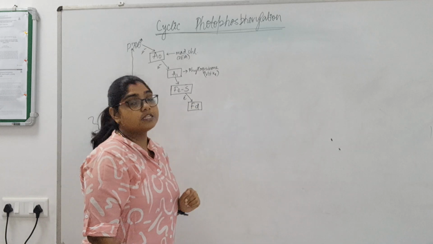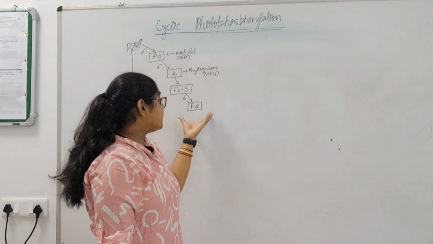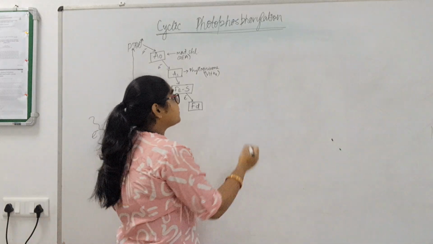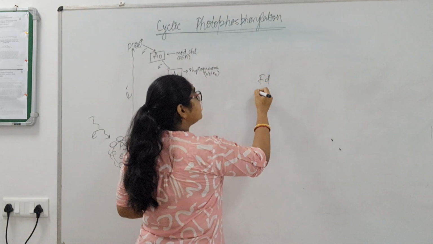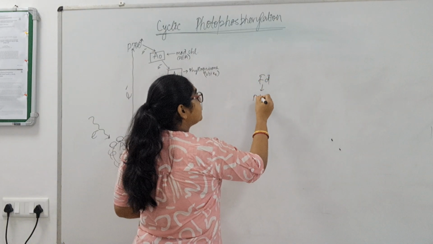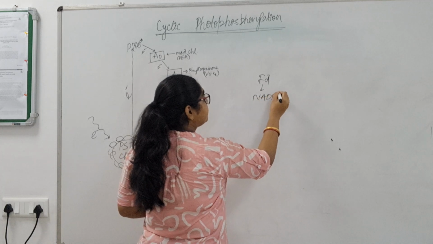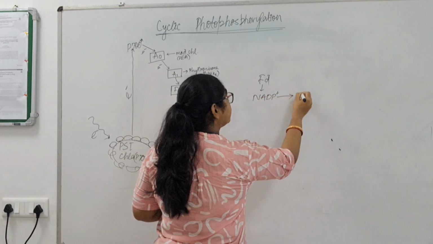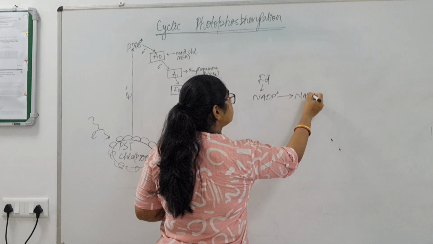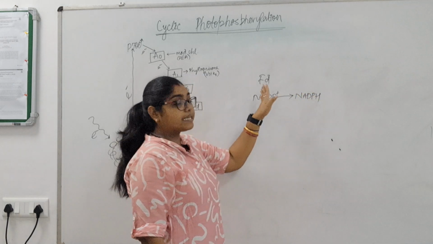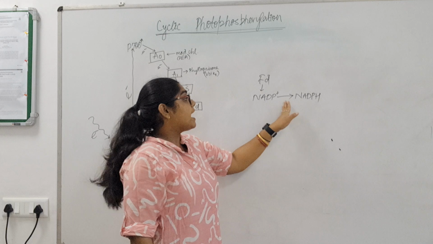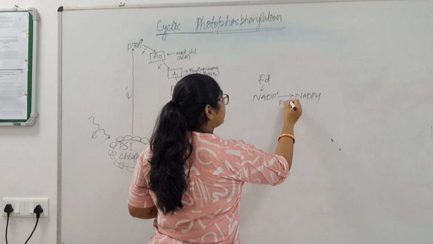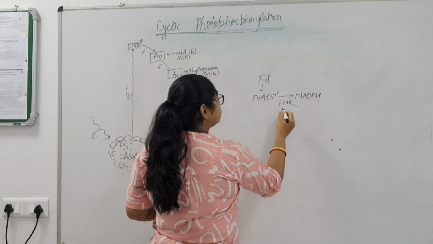Now we have discussed in the non-cyclic pathway that this ferredoxin transfers the electron to NADP+, and this NADP+ is reduced to NADPH. Upon acceptance of the electron from ferredoxin, NADP+ is reduced to NADPH in the presence of the FNR enzyme.